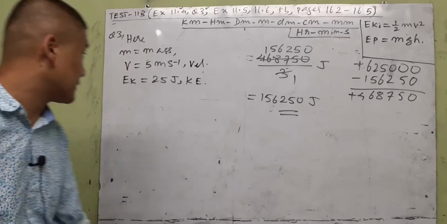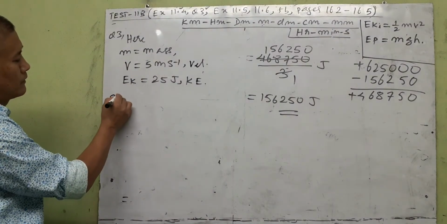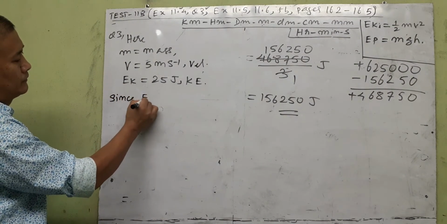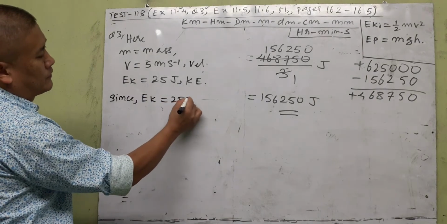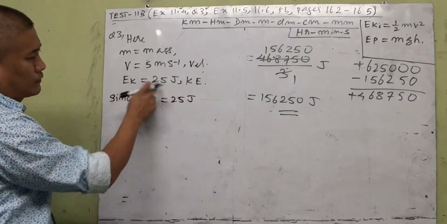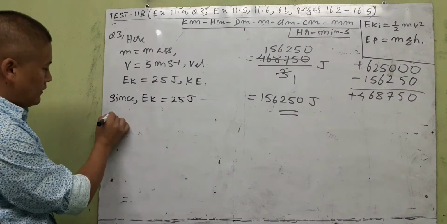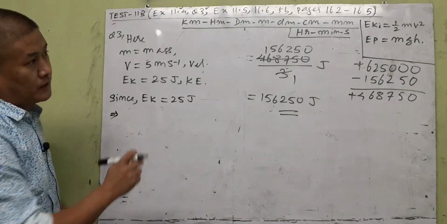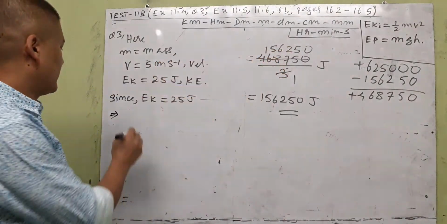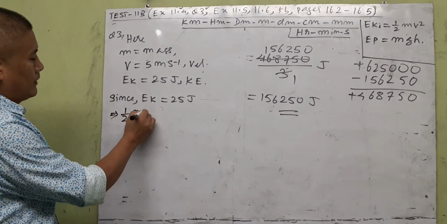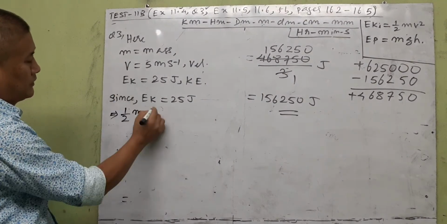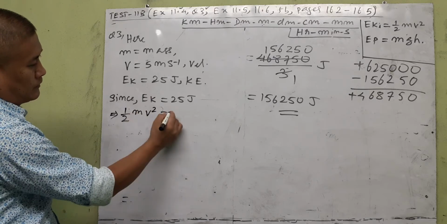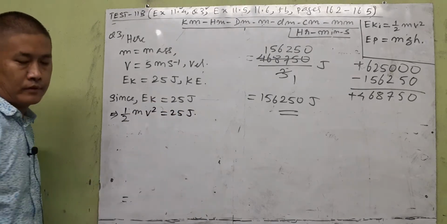Let's do this first. Now since Ek is given as 25 joules from the question itself, right? So that implies the Ek formula, half m v square. So let us replace that. Half m is m itself and v is here, so v square. That is Ek equal to 25 joules.